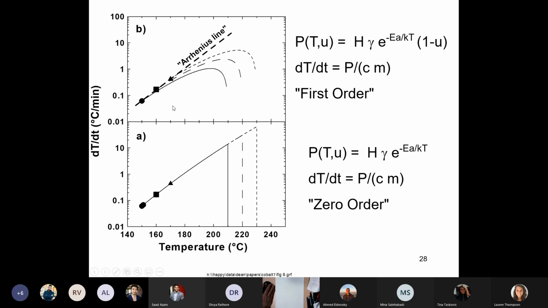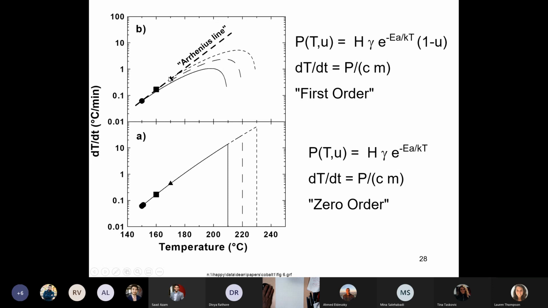So the thing that you should notice here is that when you start heating from a higher temperature, the behavior falls sort of on the same path that the 150 degree heating did for zero order. And here, if you draw a line through the start points, and you call that the Arrhenius line, at the start points U is 0 for all of these, and these would fall on a straight line if you plotted self-heating rate against 1 over temperature in Kelvin.